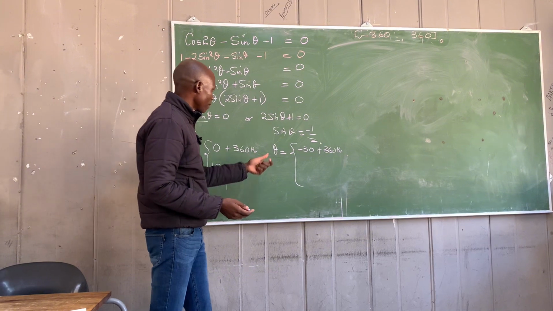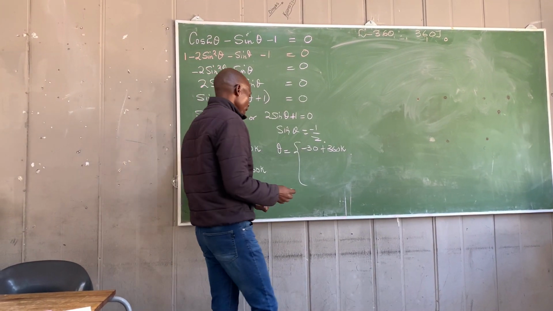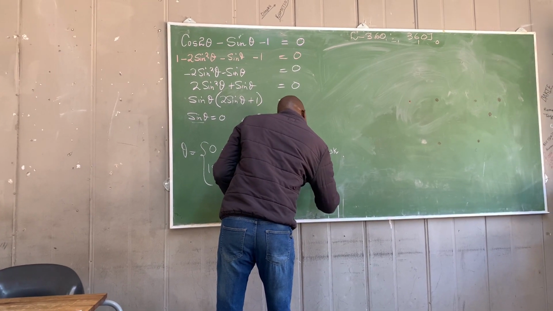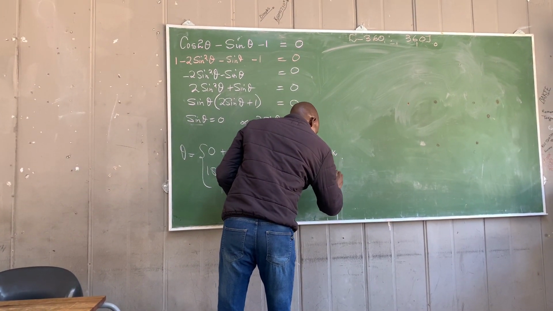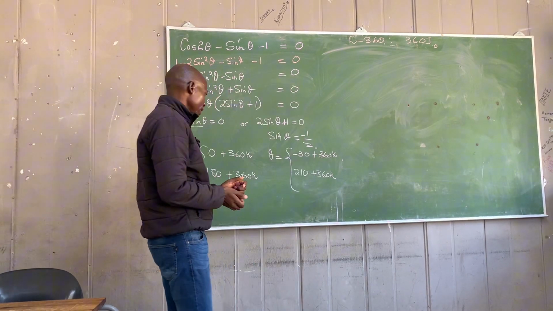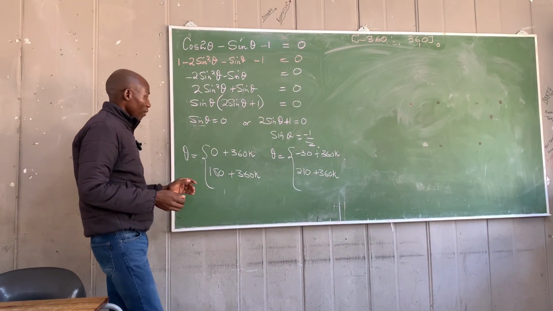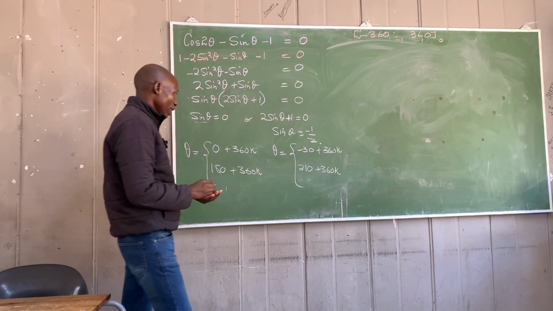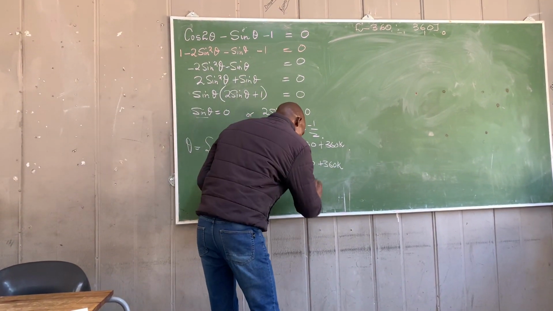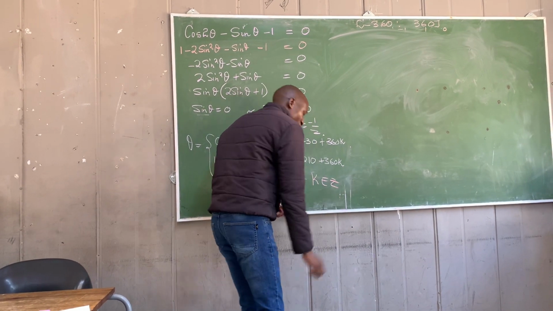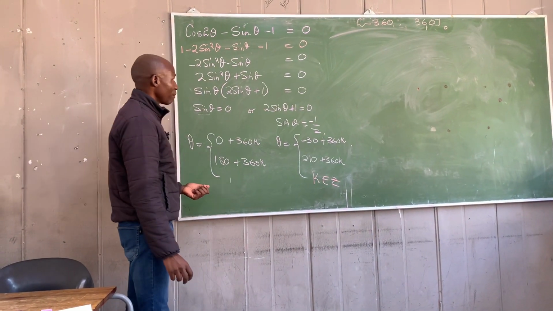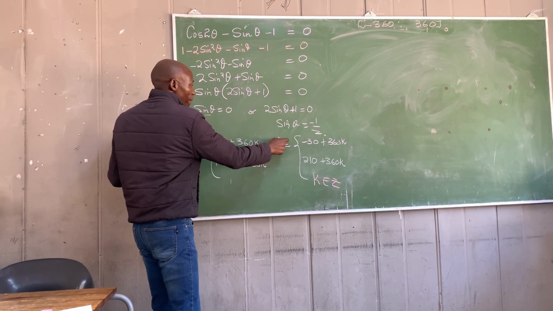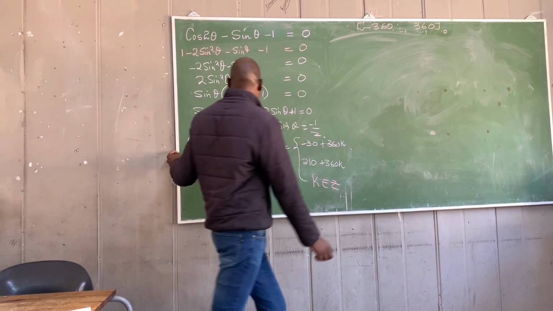So 180 minus 30 gives you 210, so this is 210 plus 360k. Now if this is a general question without the specified domain, your solution will end here. And don't forget to mention k is an element of the integers. But if it extends to a particular solution, you extract all the four into your table.